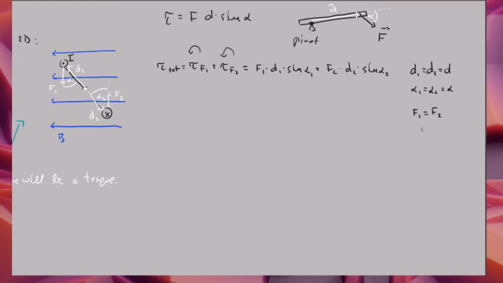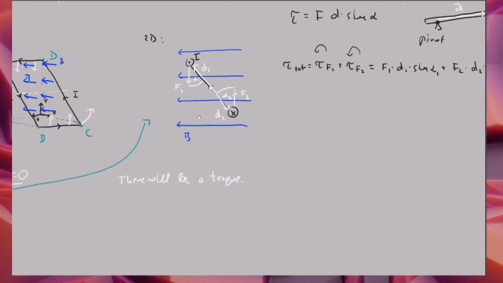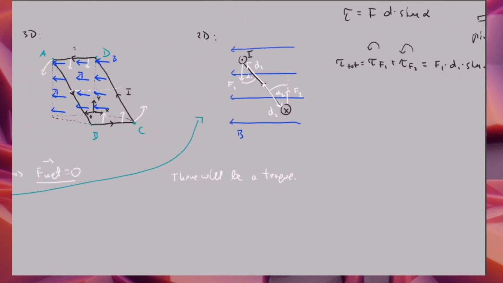That comes from the fact that the equation for the force is F equals I times L times B times the sine of the angle between I and B. Now current doesn't change throughout the whole loop, so the current I is the same here as it is here. The length that I'm looking at is this.